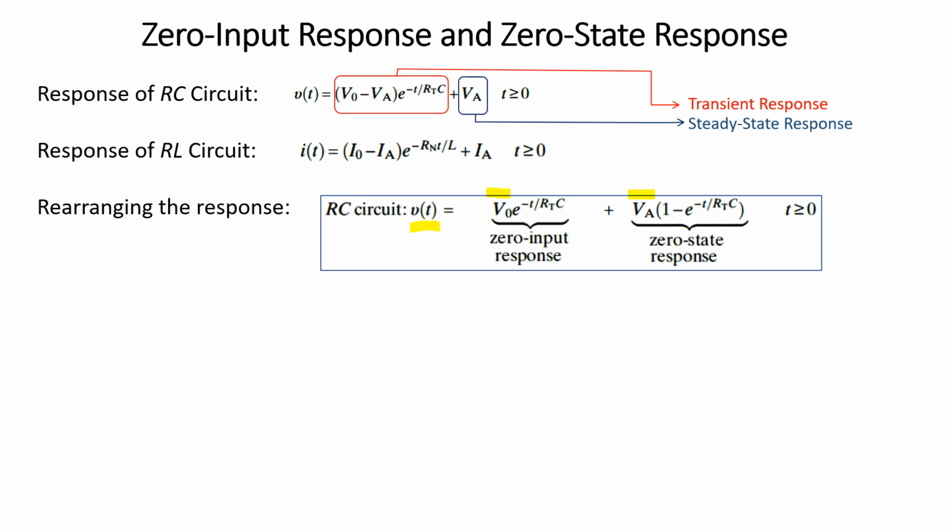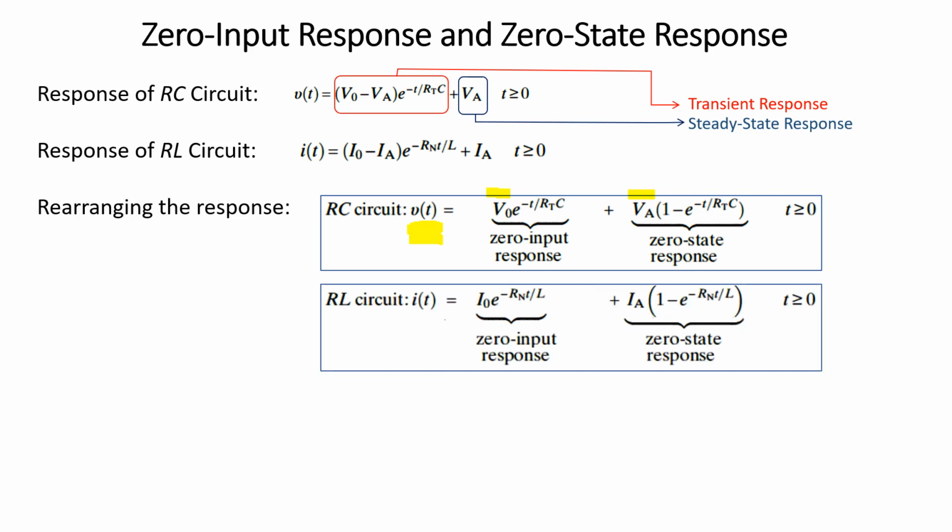Because we have made the input 0, this response is known as zero input response. And when all initial conditions or initial states, meaning V naught, are 0, we have this term only, and this term is known as zero state response.